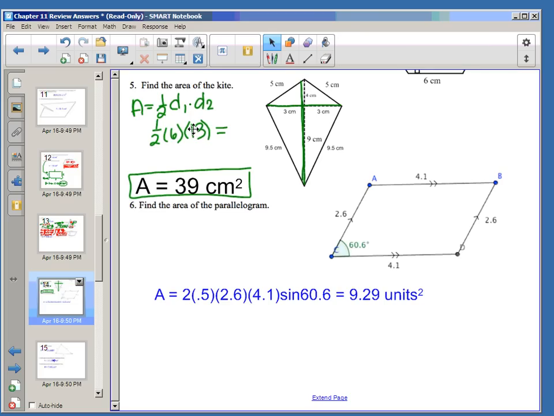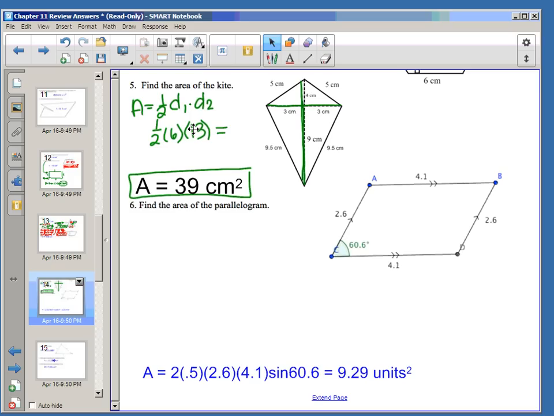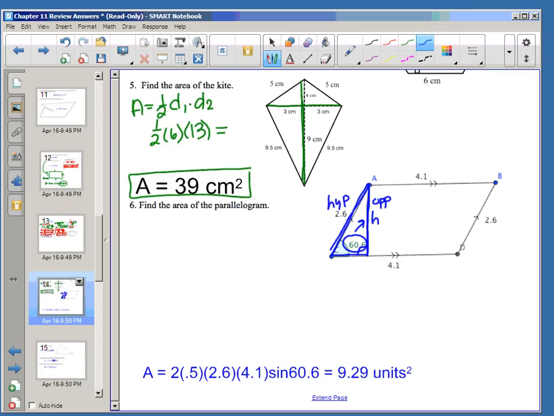Number 6, though, you can do this 2 ways. You can look at my work down there. We'll go through that method. But I know that a lot of your inclination is going to be, okay, I need to find the height. So just looking at this blue triangle here, it is now a right triangle. I know the angle is 60.6. Trying to find the opposite side, which is h, and I know the hypotenuse, so my trig ratio is going to be sine.